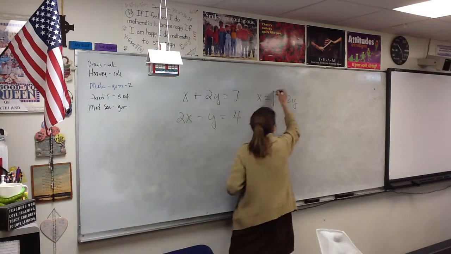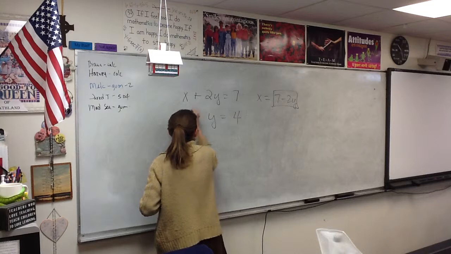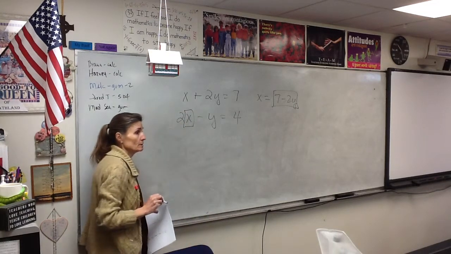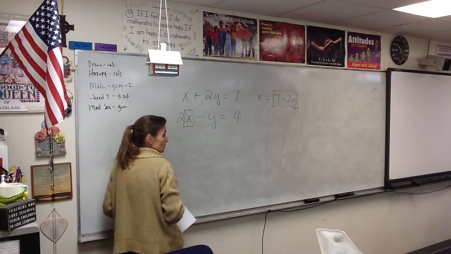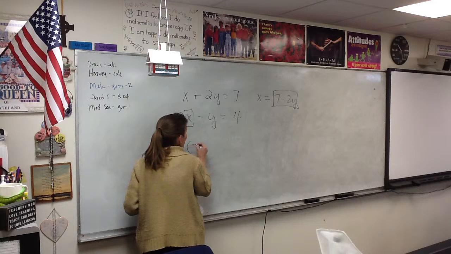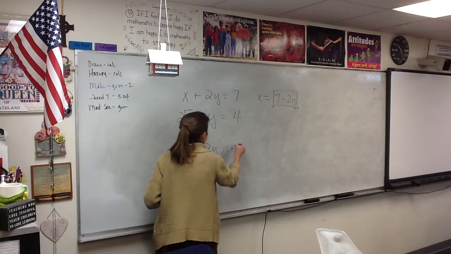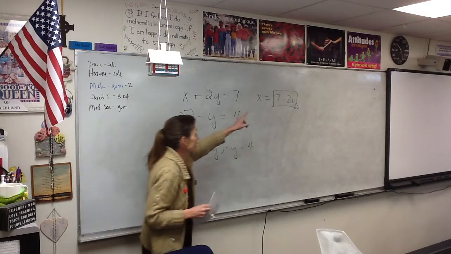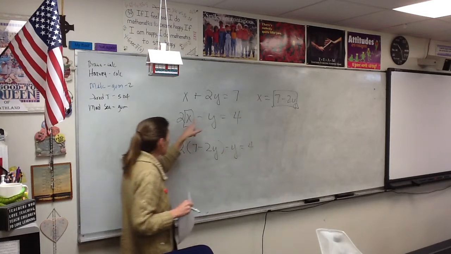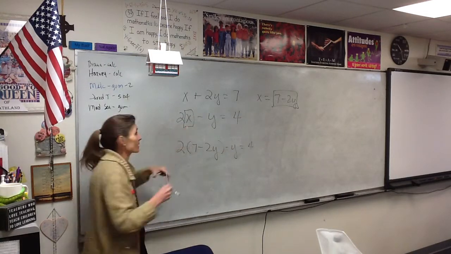Then I put this in for x, because that's what x equals. So 2 times 7 minus 2y, minus y equals 4. I take 7 minus 2y and put it in place of the x.